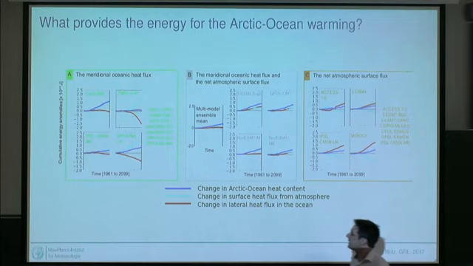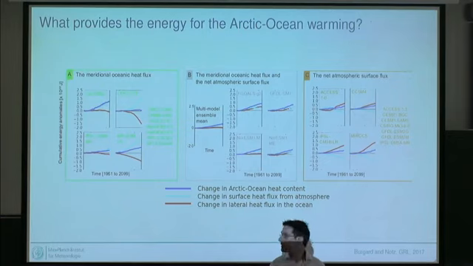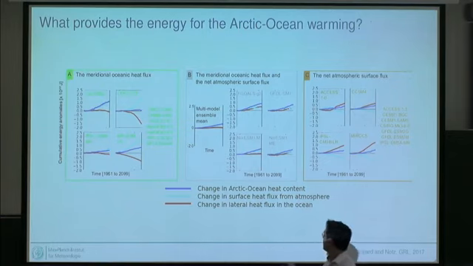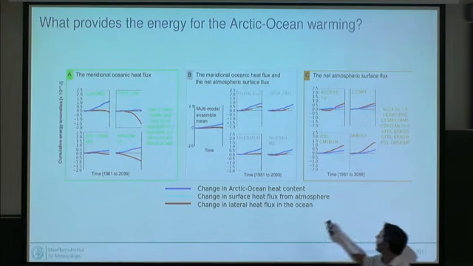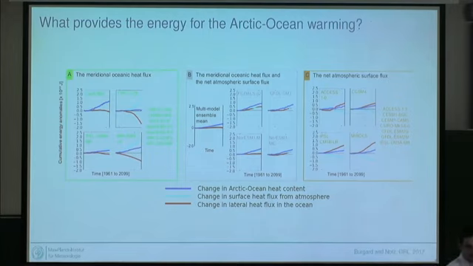But then in some models, most of that increase in heat content of the Arctic Ocean was driven by increased surface heat flux from the atmosphere, whereas in some models it was mostly driven by more lateral heat influx from the ocean to the Arctic. And in some models it was a bit of both.